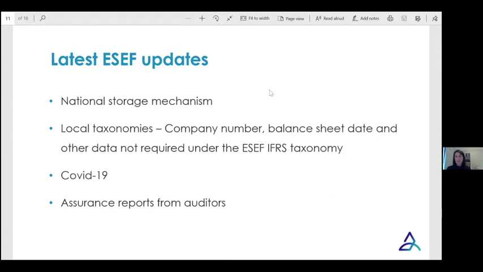There is likely to be an audit requirement at some point in the future, and we should make sure that your auditors are aligned with the tags and the thought process behind the tags, so that when it comes into scope for audit, there are not significant changes to the tagging. So they are suggesting that you have a chat to them about possible assurance pieces of work that they can do around the ESEF tagging, is the conversations that I've had with them.